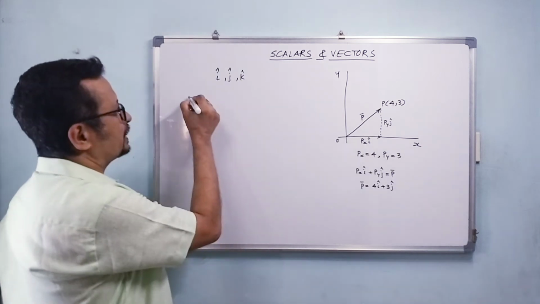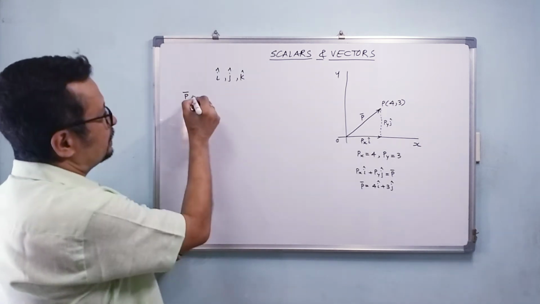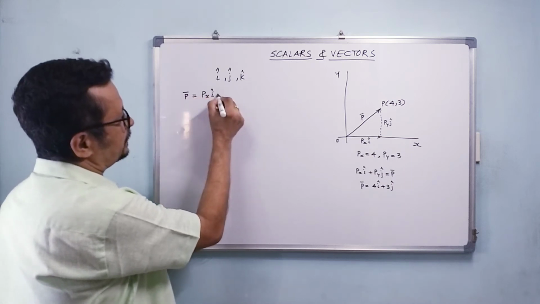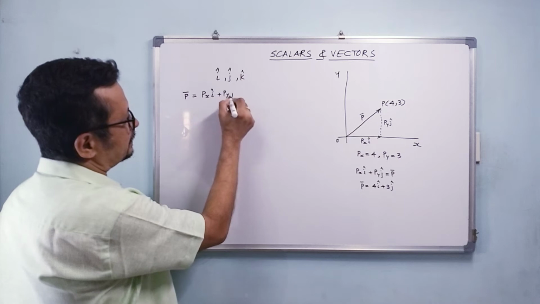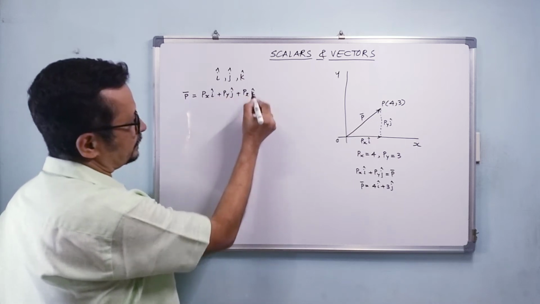Suppose I now define p bar and q bar. p bar is px i cap plus py j cap plus pz k cap.